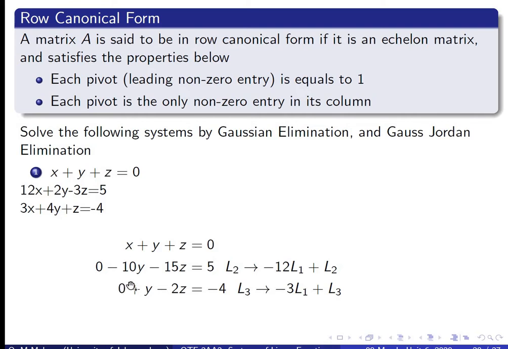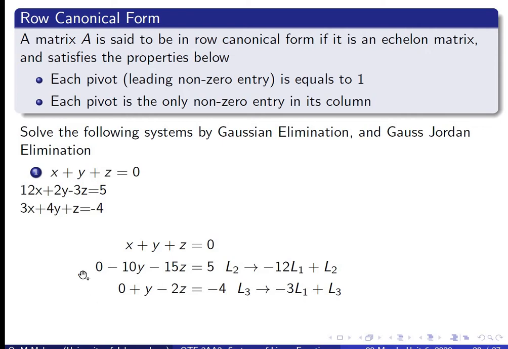So it will yield -12x and 12x will be 0. -12y and 2y will be -10y. And -12z and -3z will be -15z. -12 times 0 is simply 0. 0 plus 5 is 5.